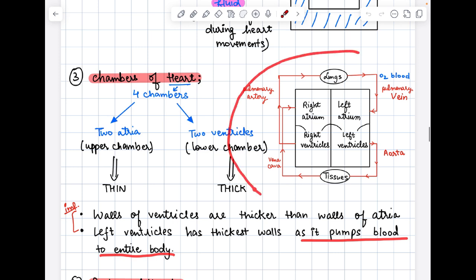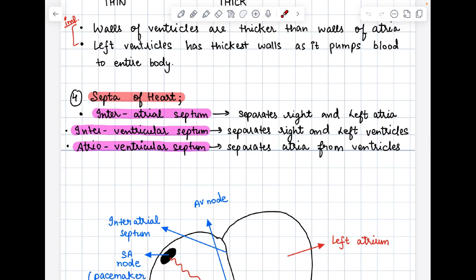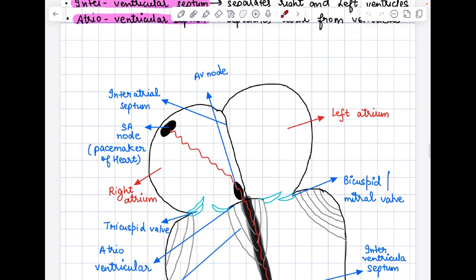This is the diagram that you have already studied in class 10th. Next we move to the 4th point, that is septa of heart. So first septum we have interatrial septum that separates right and left atria. Let us understand through the diagram.